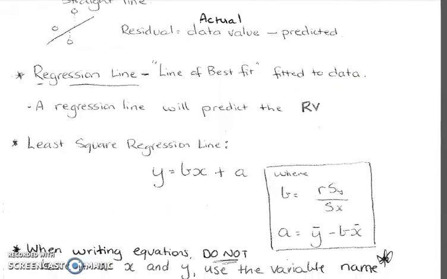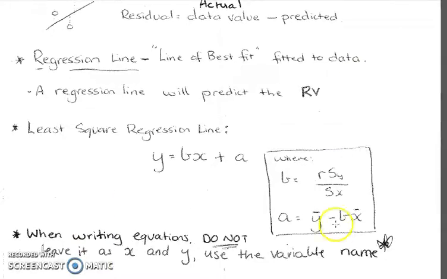We can work out our least squares regression line by using this formula here. This is our y equals mx plus c formula, if you know it that way. However, we can work out this b value, which is the gradient, and this a value, which is our y-intercept, by using this formula here. These will be given to you.